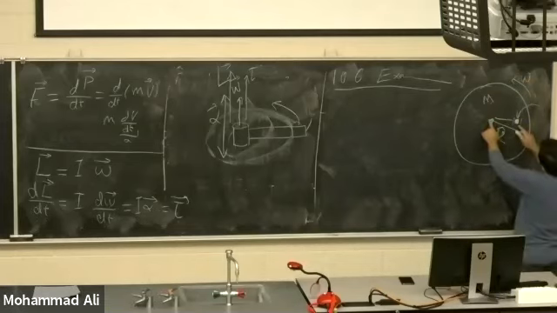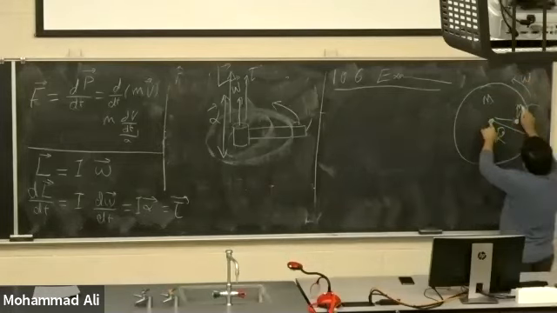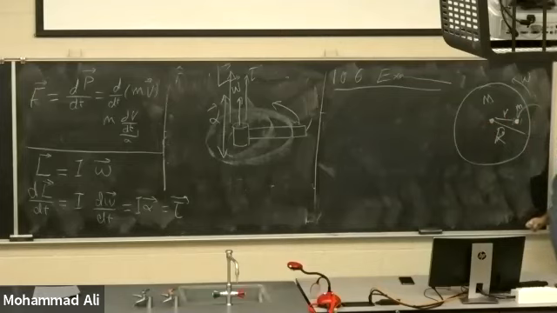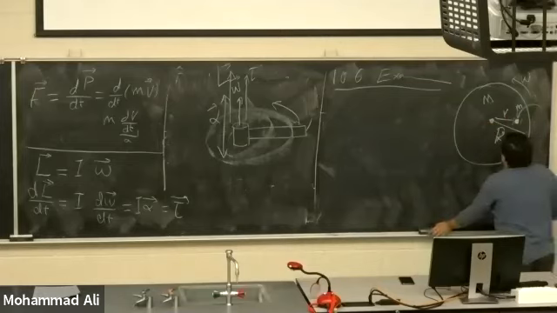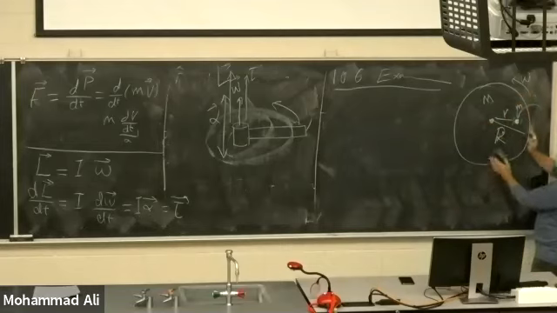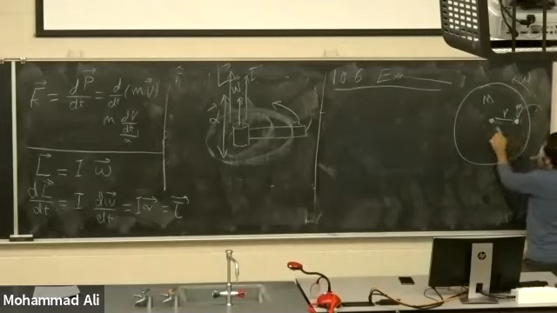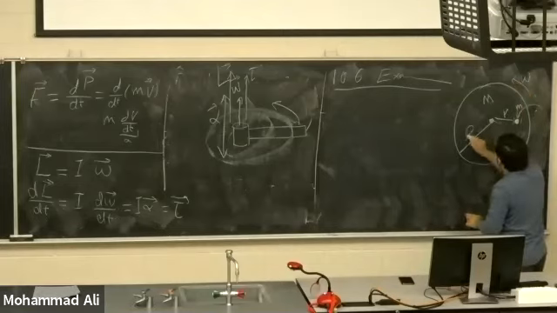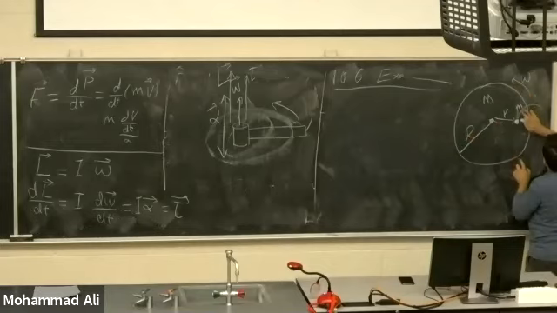The ball, the small mass, M small, at R small. So we have now capital mass with capital R radius and small mass with small radius. But this comes after the rotation stuff.